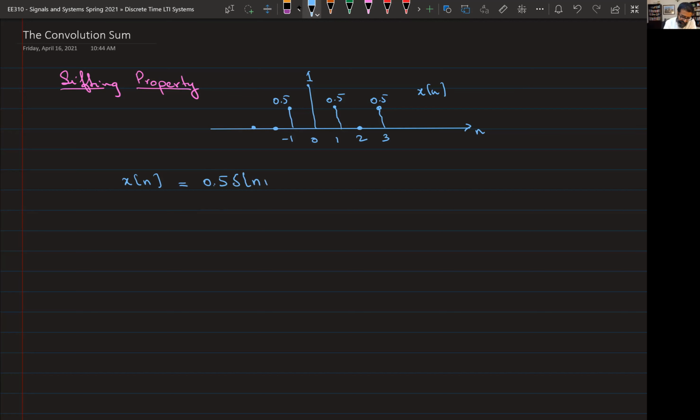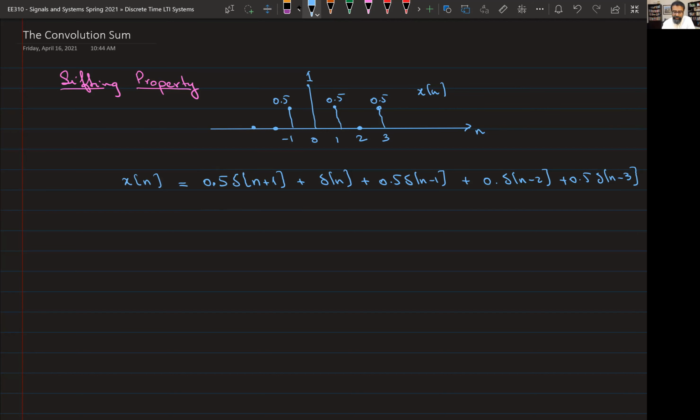N plus 1, excellent. Plus delta of n. Right. Plus 1/2 delta of n minus 1. And let me just say that this is 0 times delta of n minus 2 and plus 0.5 times delta n minus 3, right? And so on and so forth, right?